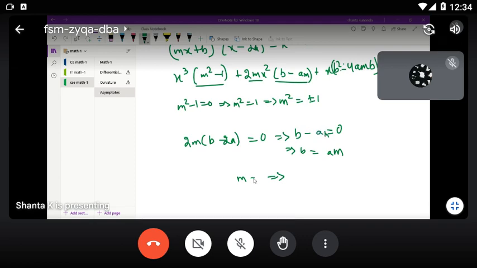So for m equals 1, we have b equals a. For m equals minus 1, we have b equals minus a.